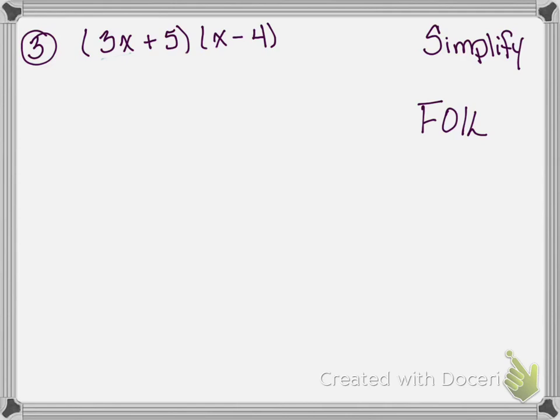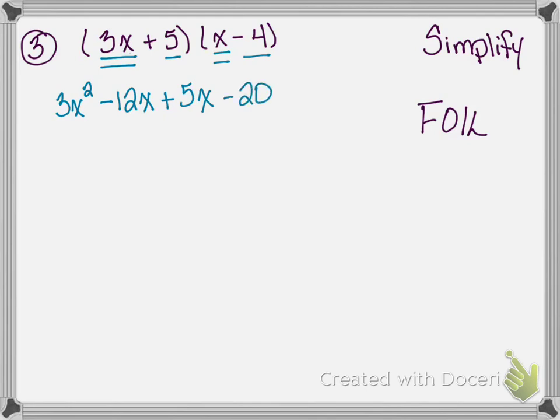So what I do here is I do 3x times x. That's going to give me 3x squared. That's my first. Then I do outer, 3x times negative 4. That's negative 12x. I do 5 times x. That's 5x. 5 times negative 4.